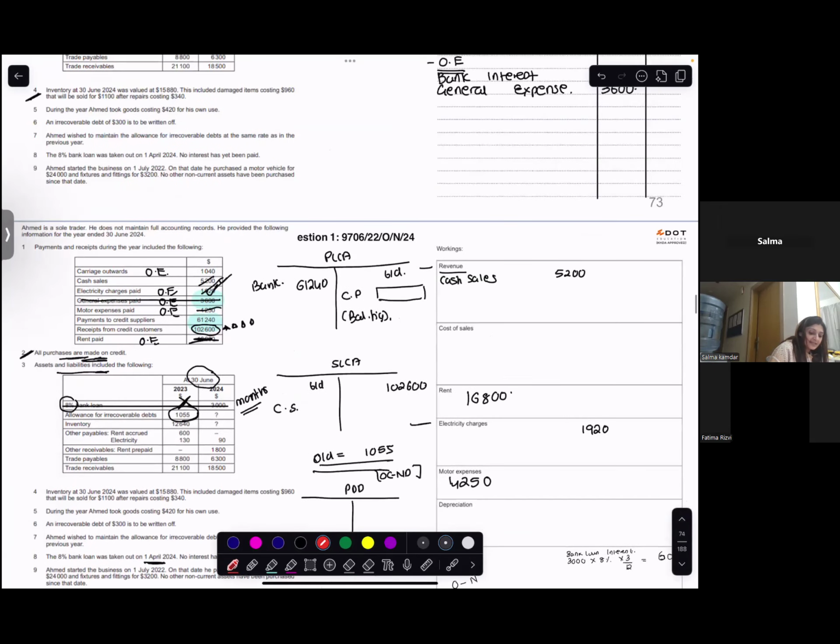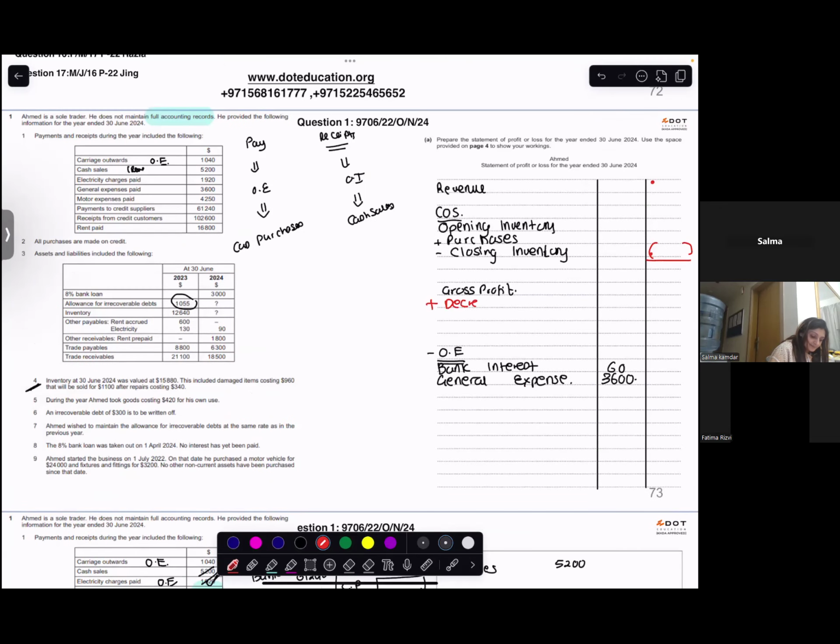It's a decrease in, they've used the word allowances for irrecoverable debts. So I will also write this decrease in allowances of PDD.